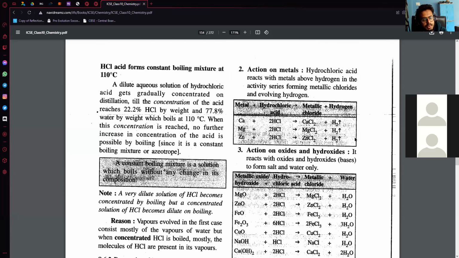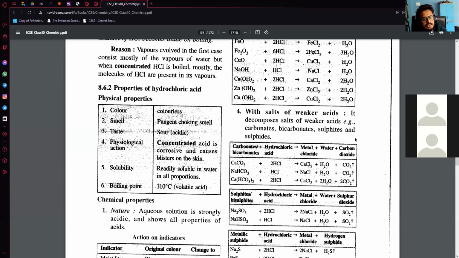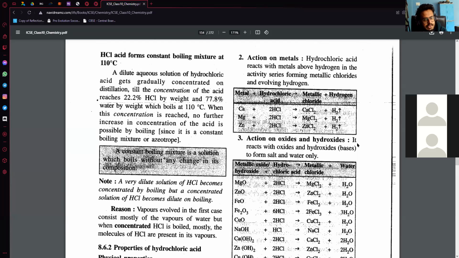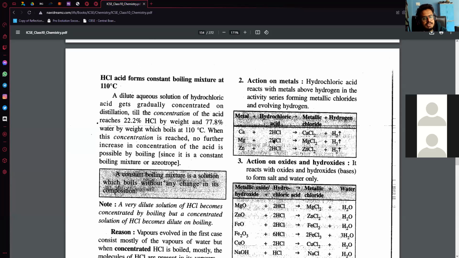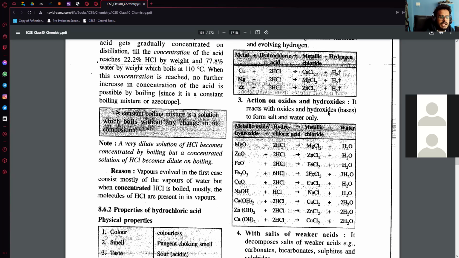Then there are a few chemical properties that you need to know. I'll go through it once. This is all done by me, so I'm just revising it. Action with metals: the same reaction is done again. Metals react with hydrochloric acid to form salt and hydrogen gas. It's very simple. Action with oxides and hydroxides: when metal oxides react with acid, it forms salt, and now not hydrogen, now water is evolved.